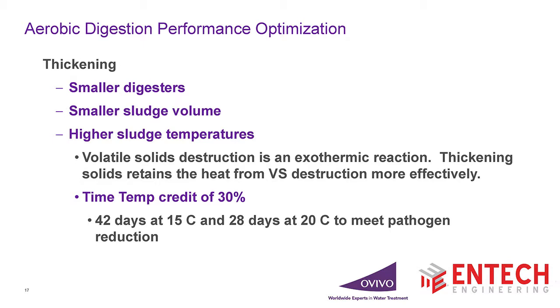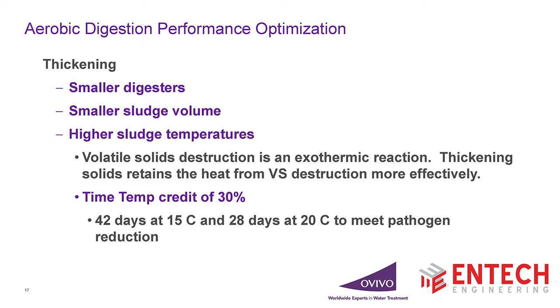You put thin sludge into the digester, the heat that you're producing tries to heat up too much water. It's really that simple. So by thickening ahead, we have then the right amount of water to absorb the heat and to maintain the temperature.